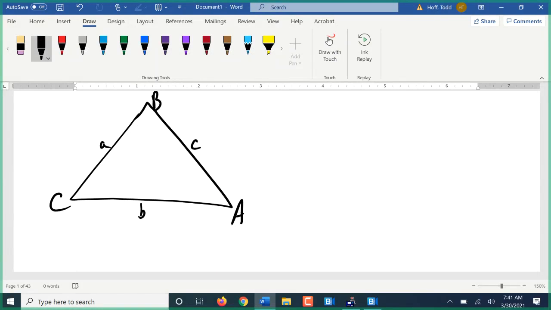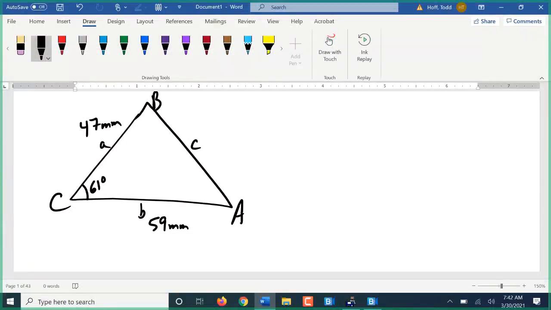So we had mentioned the possibility where we had one angle and two sides where the angle was included between the two sides. So here let's say side A is 47 millimeters, side B is 59 millimeters. We have angle C of 61 degrees that is included between them.